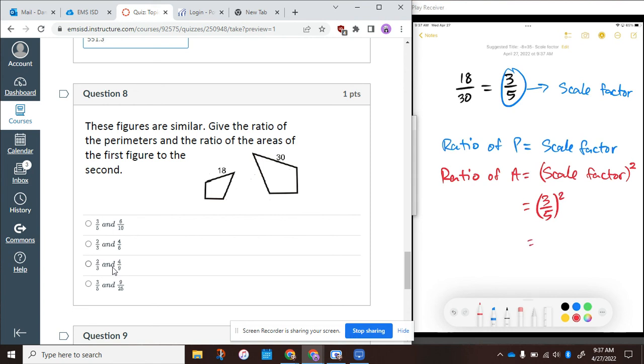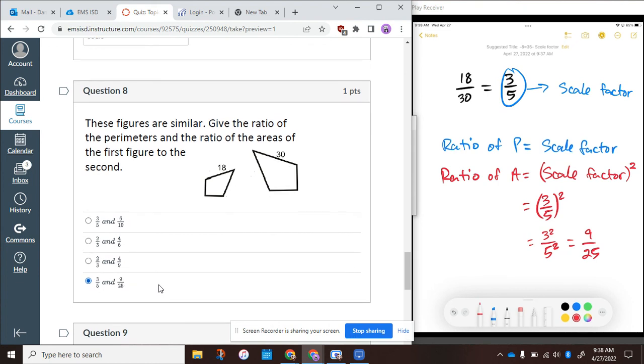Instead of 3/5, it becomes 3 squared over 5 squared, which is how we get our other answer of 9/25. Don't just multiply those things times 2. It's not the same. We have to actually square the thing. 3 squared and 5 squared, so it's 9/25.